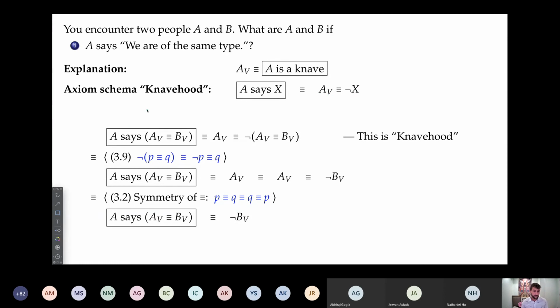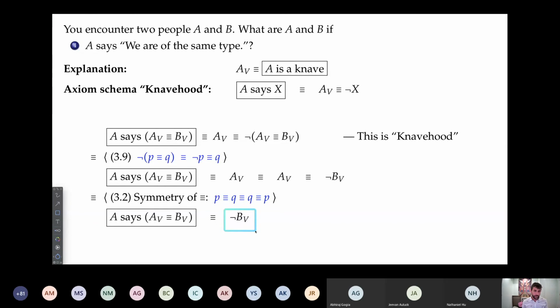Okay. So again, A says some statement. This is knavehood, which is what we have. All right. And then we just simplify using the negation laws with equivalence and then symmetry. So there's nothing terribly complicated about it. And all we get is the result is if A says we're of the same type, we know that the person B is not a knave.